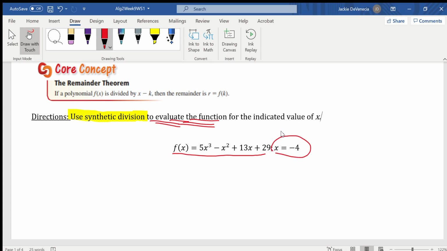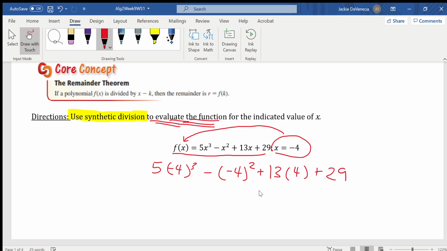By evaluate, we mean what's going to happen once we plug in -4 for this whole function. Now we can go ahead and start substituting this function like this, but what's great about this remainder theorem is that it gives us another shortcut, so we don't have to do all this work.